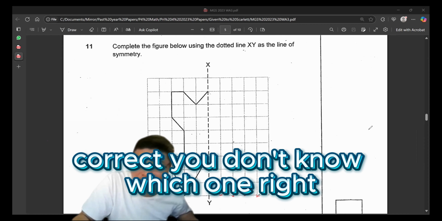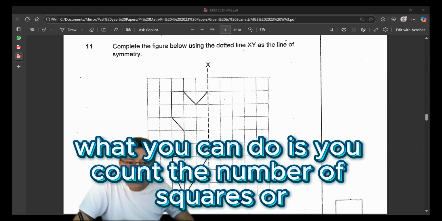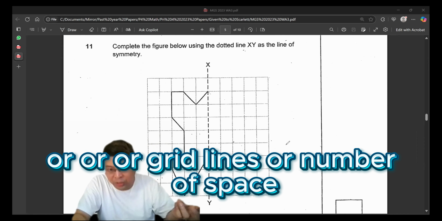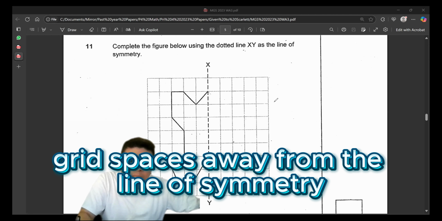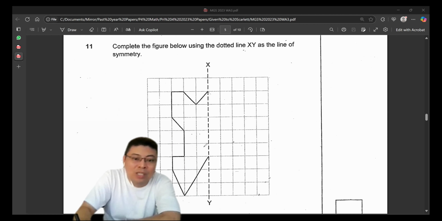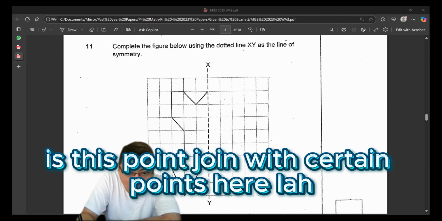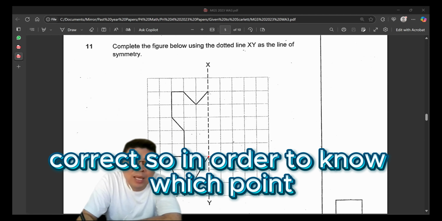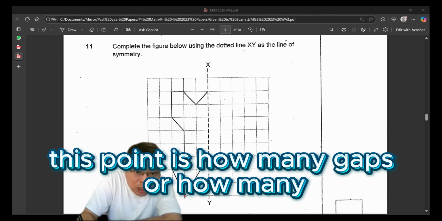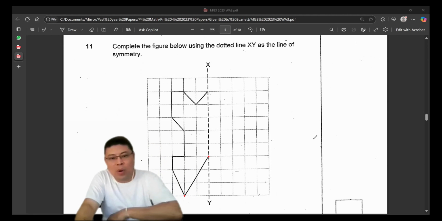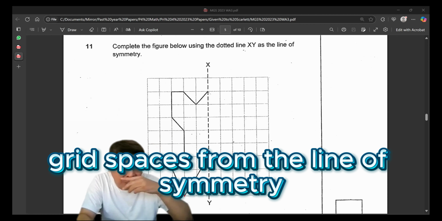Simple. What you can do is count the number of squares, or grid spaces, away from the line of symmetry. So obviously this point joins with a certain point here. To know which point, you have to look at this point here. How many grid spaces is this from the line of symmetry?